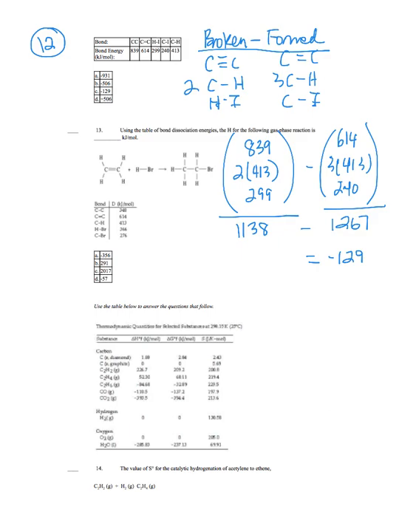So one of the things that you can look at is the fact that we have some bonds that are broken and formed that are the same. So we really don't have to use all of this, because really the only thing that happened was 1 carbon hydrogen was formed.